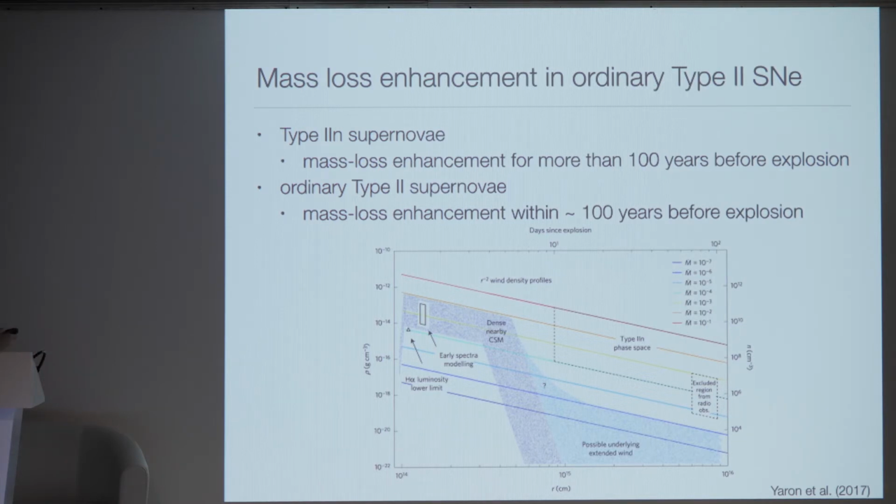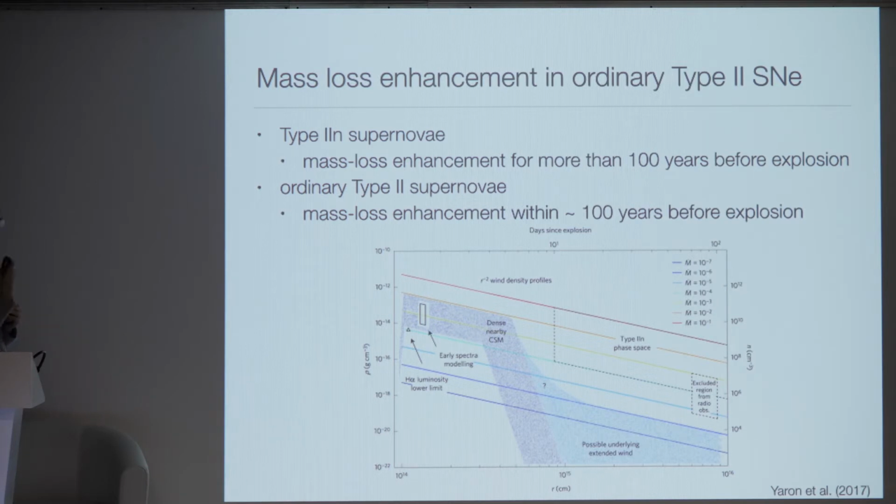So the conclusion is that probably this mass loss enhancement in type 2 supernova progenitors is happening in general, even in the ordinary type 2 supernovae, that we can tell from the rapid rise in the type 2 supernovae we observe. But in the ordinary type 2 supernova progenitors, this mass loss enhancement is somehow not lasting for a long time.